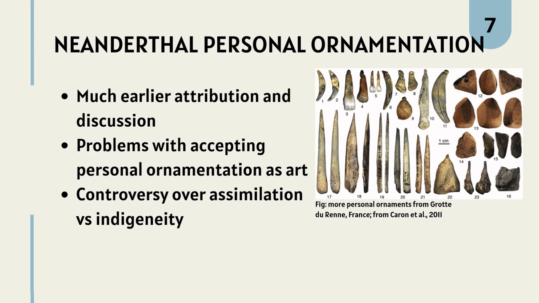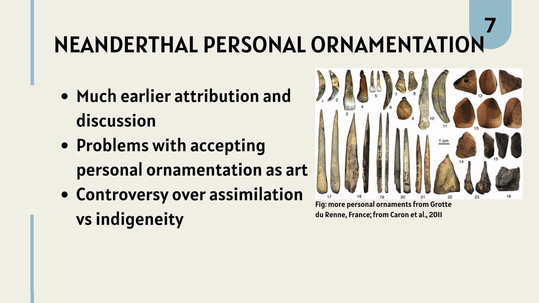For assimilation, Neanderthals were cognitively capable of making complex artifacts, but they did rely on sapient introduction to these artifacts, thus being incapable of coming up with the idea themselves.